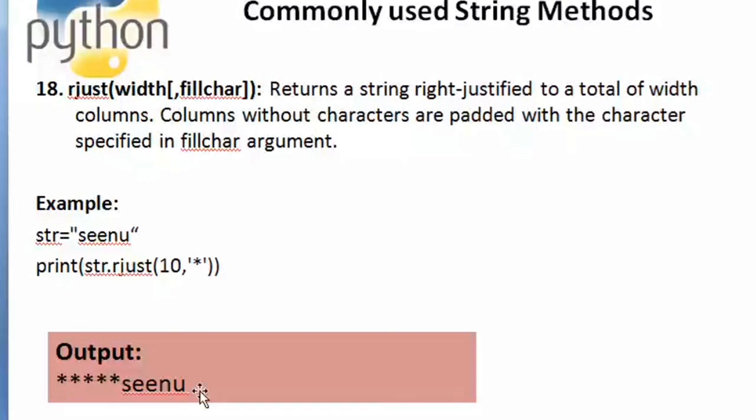What is the fill char here? The fill char is an asterisk. It needn't be an asterisk. By default it's a space. You can also give a comma, or whatever you want, any character you can give there, and it will fill it with that. So this is rjust. Clear, ma'am?